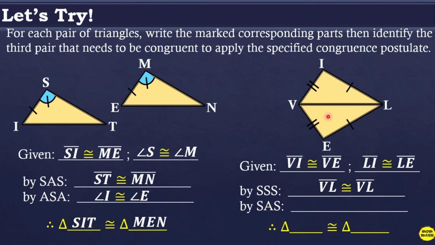So, meron ka ng dalawang side, so dapat meron kang included. So, since dalawang side ito, dito ka para maging included. So, we have angle I is congruent to angle E. From here, we can have SAS. So, we can conclude that triangle LIV is congruent to triangle LEV.